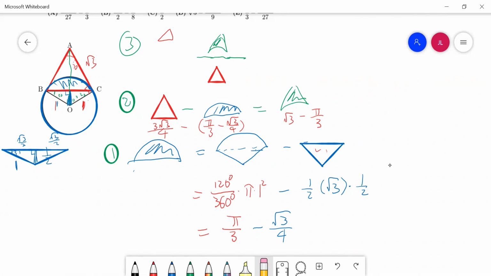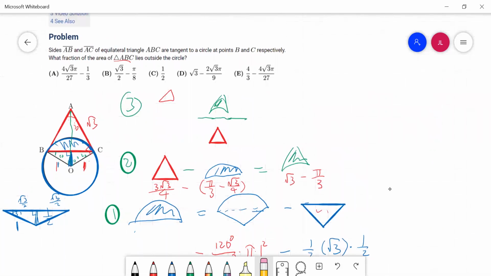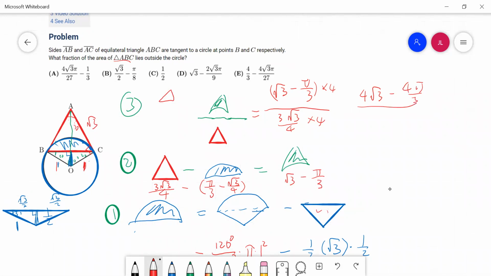Now we have only one step left: we're going to find the ratio. The ratio is just like this. The green part, square root 3 minus pi over 3, divided by 3 square root 3 over 4. We can multiply by 4, so then we got 4 square root 3 minus 4 pi over 3, over 3 square root 3.